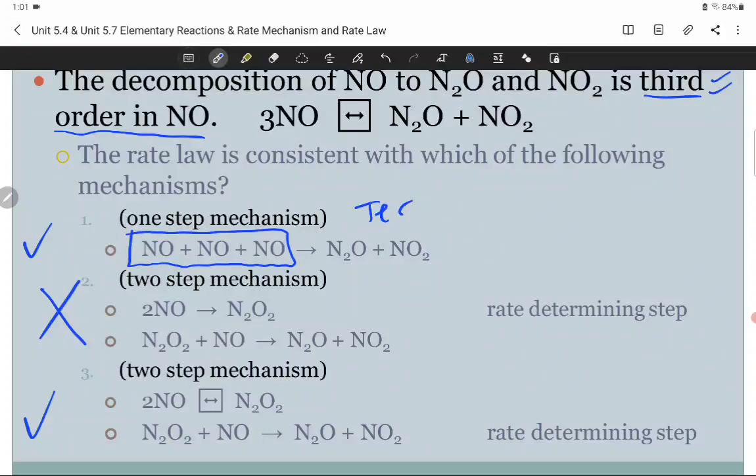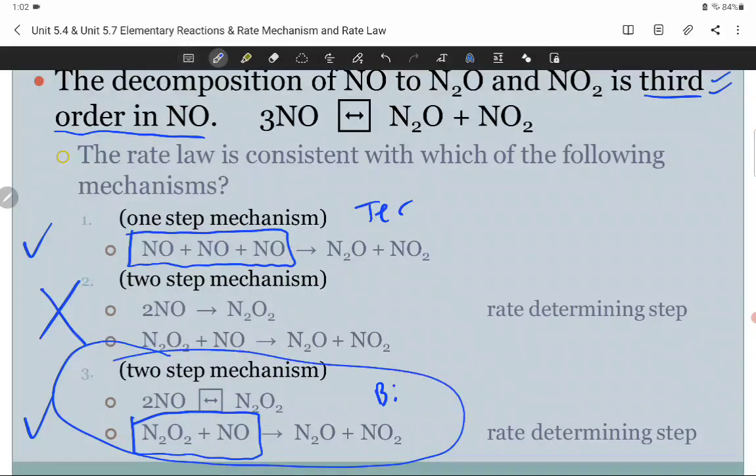Is it likely to occur? No. What's going on with this one? Rate determining step. We need two items to run into each other. So that is bimolecular. And bimolecular is going to be a lot more common than termolecular. So even though we like 1 and 3, we like 3 a lot more than we like 1.